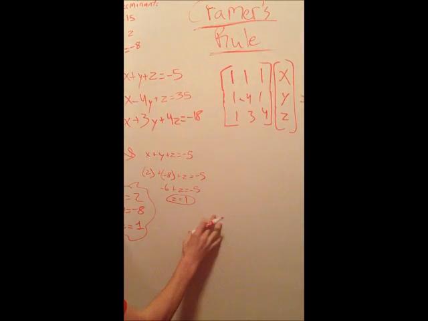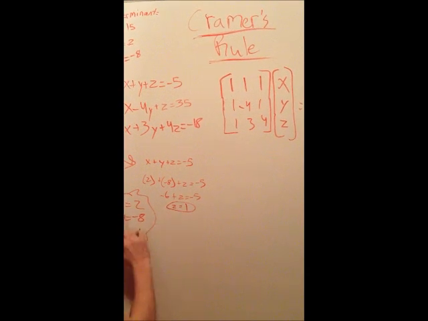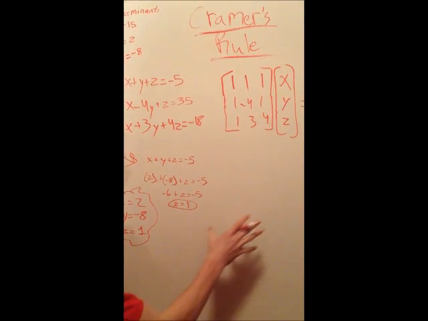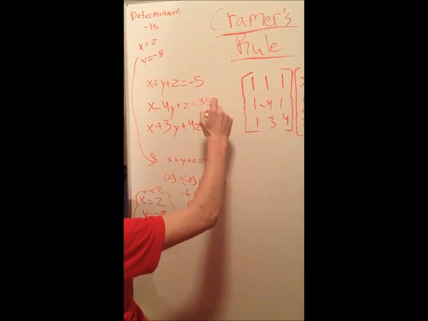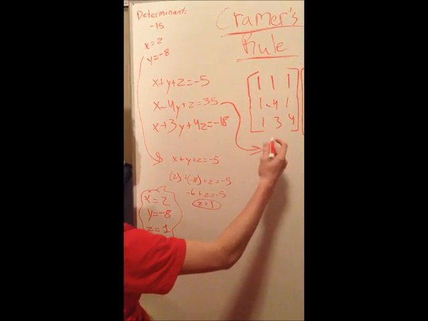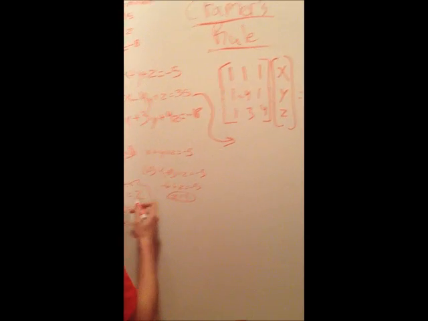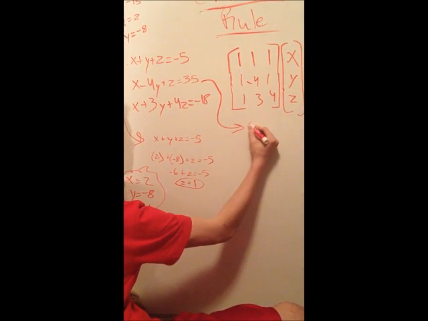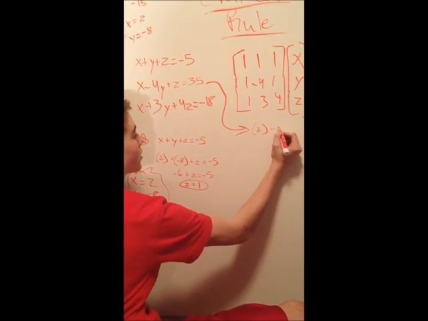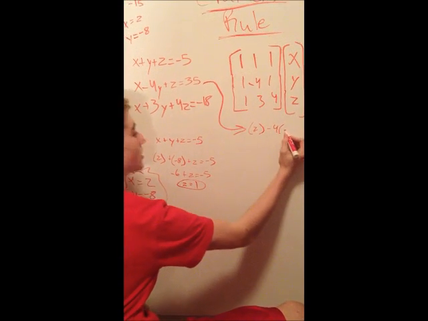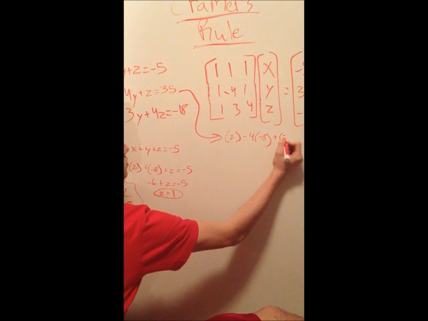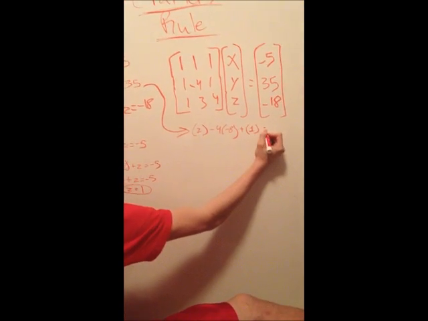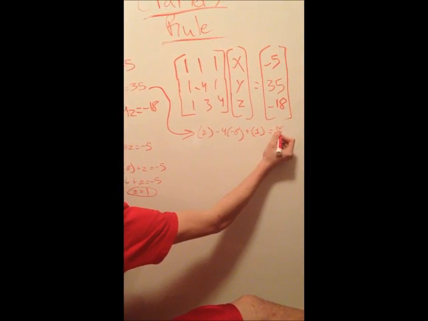So that is your answer. So now that we have our answers, x equals 2, y equals negative 8, and z equals 1, we can plug them back into the original equations to see if they're correct. So we can bring down this second equation here, and we can plug in the numbers. So x equals 2, so you get 2 minus 4 times y, which is negative 8, and then plus z, which is 1, which equals 35.